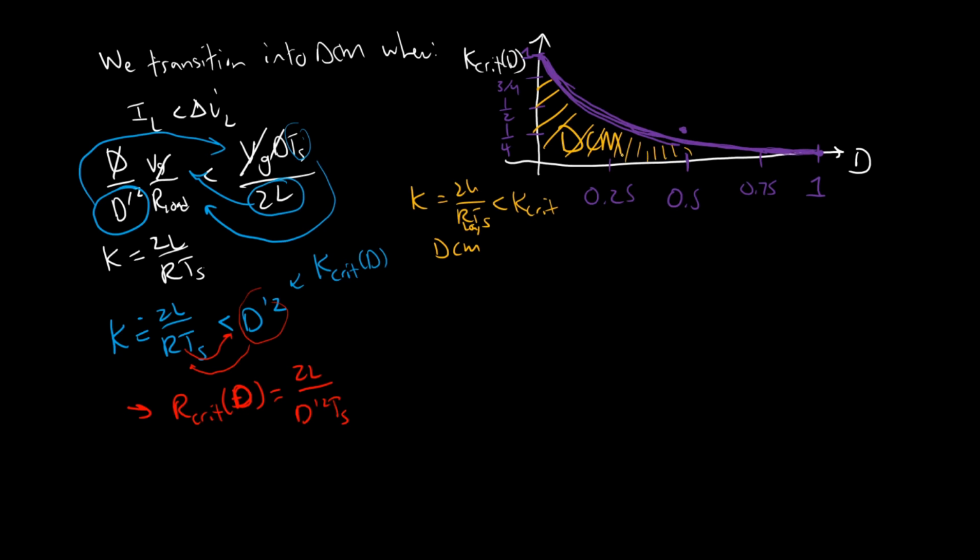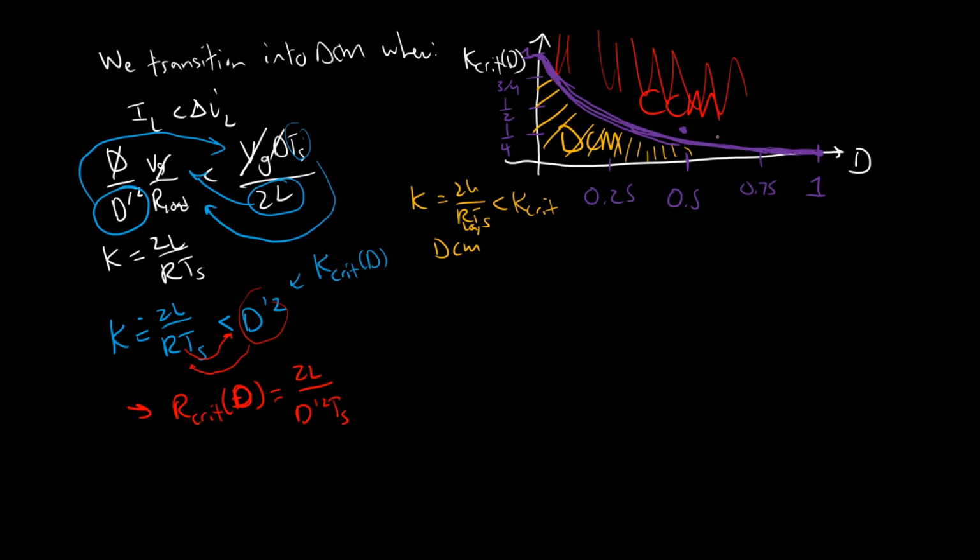Depending on where D is, you could have different conditions for L, R, and the switching period. If you're below this value, whatever number it is, you're going to be in DCM. Alternatively, when you're above this value, in this world, you're in CCM.